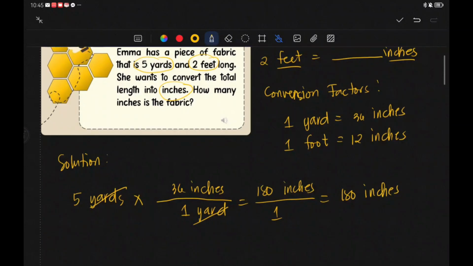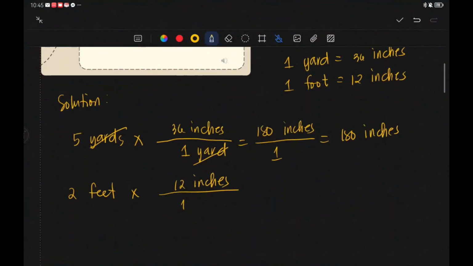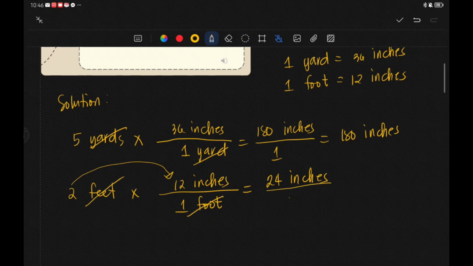Now for the second one, we have 2 feet times 12 inches over 1 foot. So this is 2 times 12, that's 24 inches. Cancel out feet. So that's over 1. 24 divided by 1, that's 24 inches.